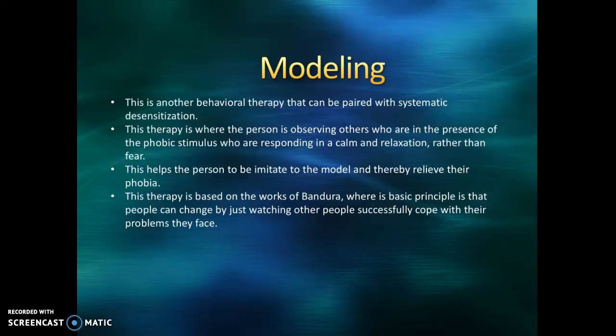Let's say you're scared of spiders. You see a friend playing with spiders, comfortable and okay. Then you start to realize that there's no harm, so you start to imitate what they're doing. This is how modeling relieves your phobia.